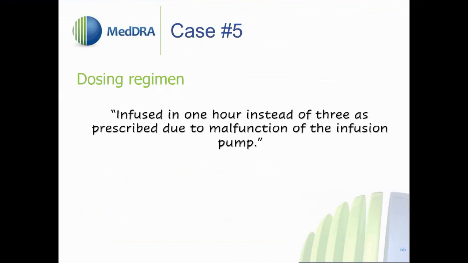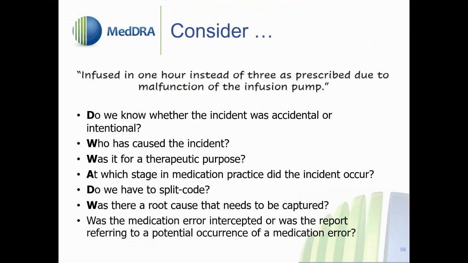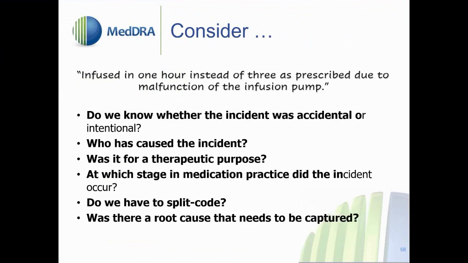Okay. Next one. In the next case, it is reported that the medication was infused in 1 hour instead of 3, as prescribed, due to a malfunction of the infusion pump. Again, we have to check the usual criteria to understand what has been reported here. There was a malfunction of the infusion pump, and this led to the infusion being administered in 1 hour instead of 3 hours, as prescribed.